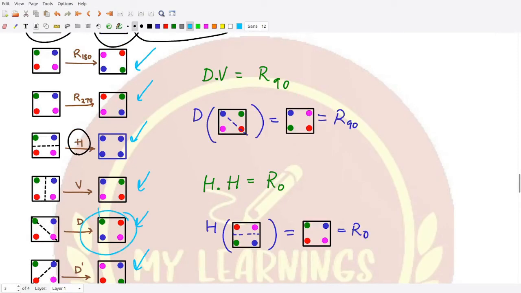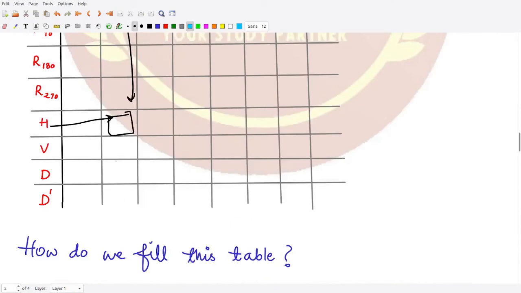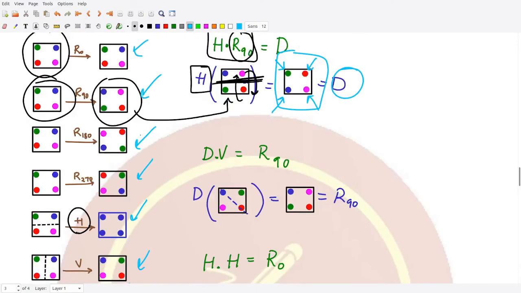You see, we have a green here, a red here, a pink here, and a blue here, and the same thing happens here: blue, pink, red, and green. So this is the operation D. So when you compose H with R90, you get D. We will write D here in this particular case.